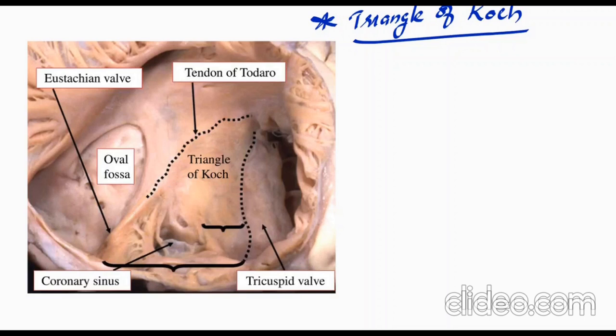The triangle of Koch is bounded by the septal leaflet of the tricuspid valve. This is the septal leaflet of the tricuspid valve.